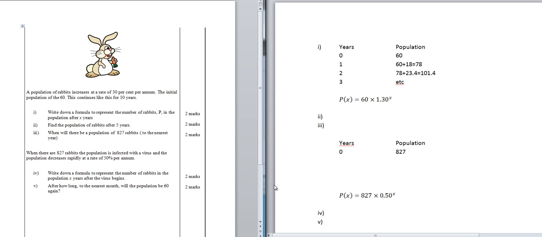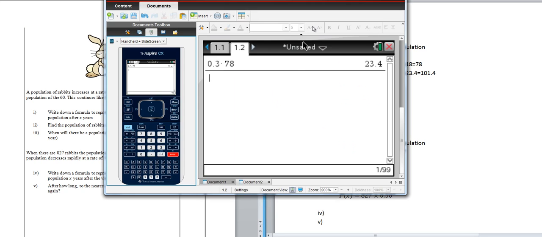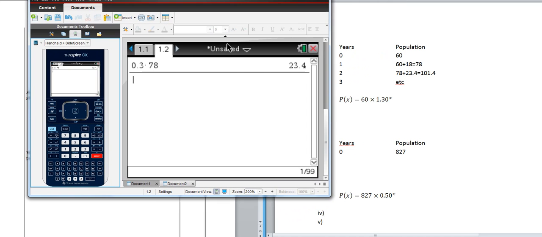Number 2. Well, I like to insert the formula in the calculator and just define it, then it's easier to work with it in the calculator. So how about we define it?